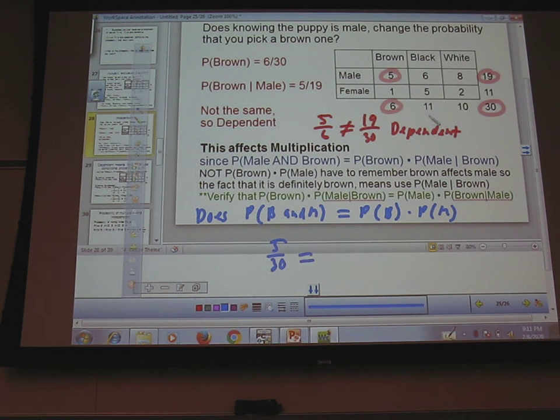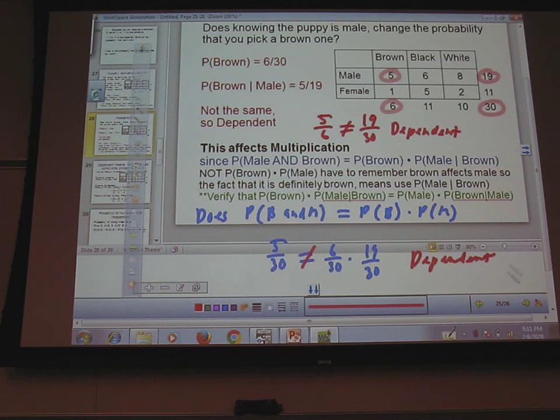Is that equal to the probability that it's an all brown puppy, and they're solid colored puppies, just work with me here, 6 out of 30 times 19 out of 30? Are those equal? No, they're totally not equal. So since they're not equal, again, this is dependent. Okay? All good? So those are the 2 ways of testing if something is independent or not.